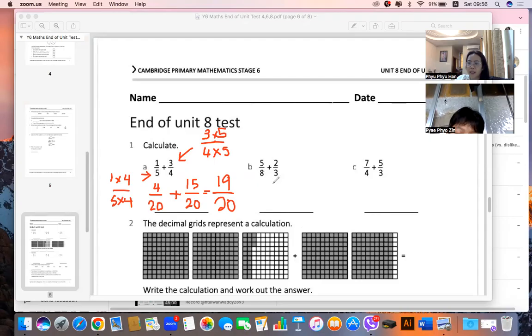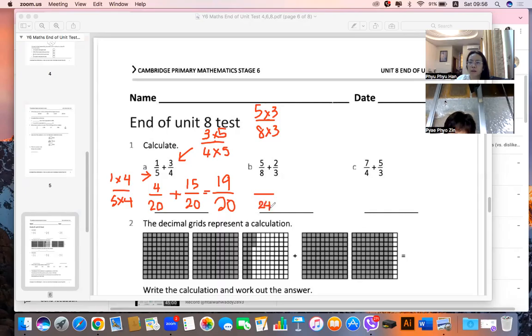Again, what are the common multiples to make this 8 and 3 the same? 8 multiplying 3 and 3 multiplying 8. Yes, correct. Now we will calculate. So 5 by 8 multiplied by 3, what do we get? 24.